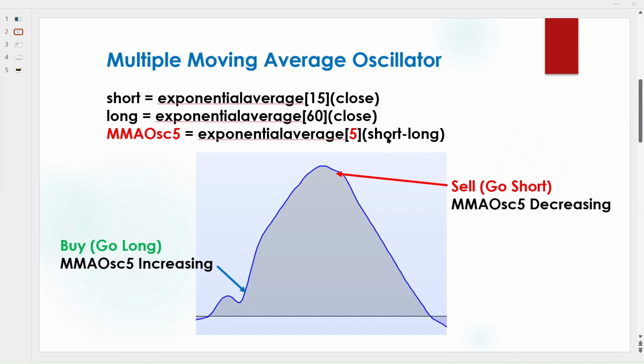So basically subtract the long from the short and apply an exponential moving average 5 to it. And that gives you this oscillator, which you're familiar with. And obviously you buy or go long when it's in an upswing, and go short or sell when it's in a downswing.